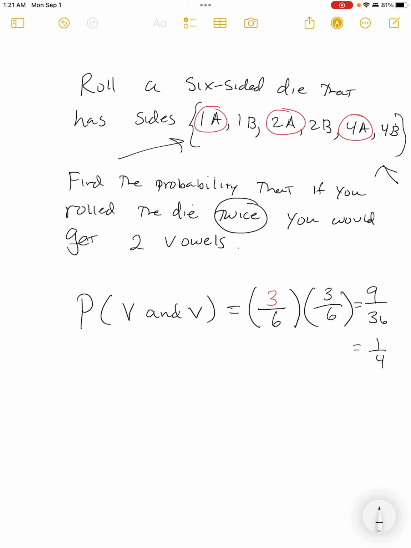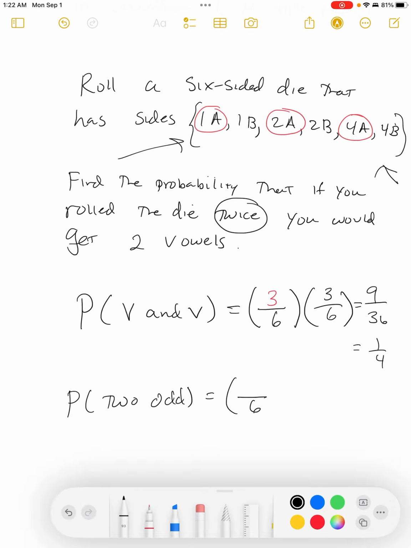Okay, so that's what we're looking at as you go and answer these questions. They'll ask this. They'll say, find the probability that you get 2 odd numbers. So the probability of rolling 2 odd numbers. Okay. Well, if we look at this, as I go to roll the die, there are 6 different outcomes.